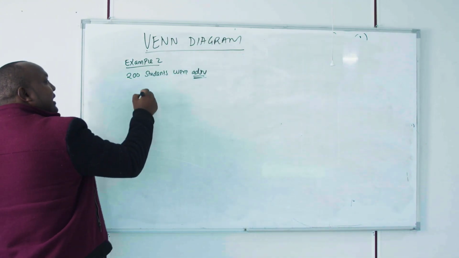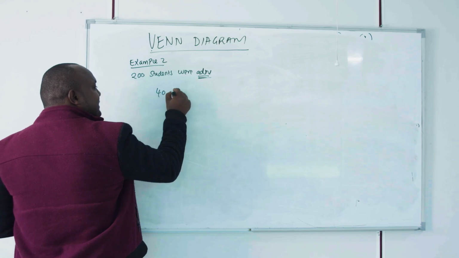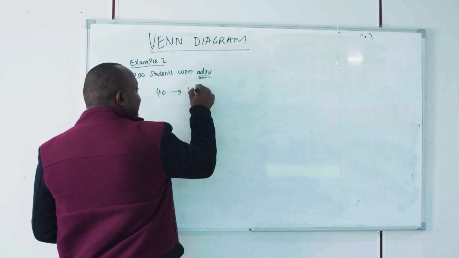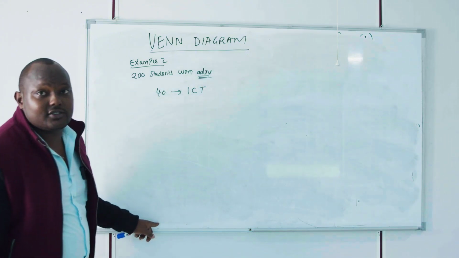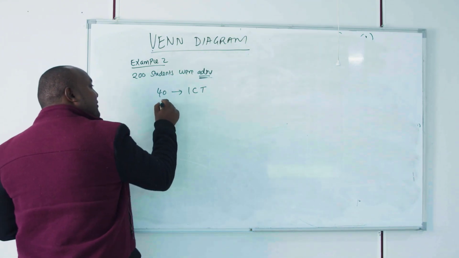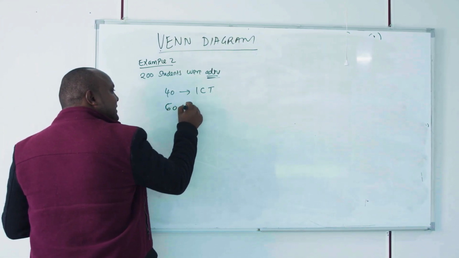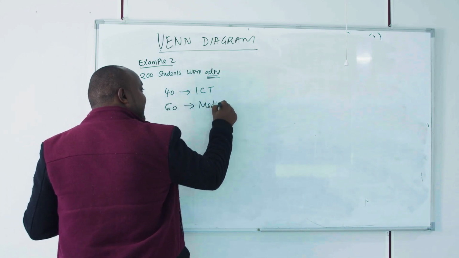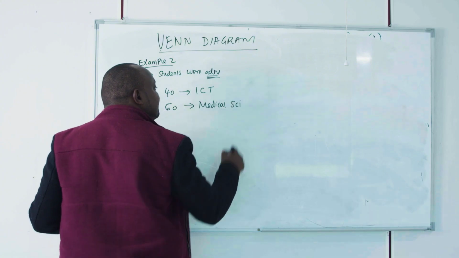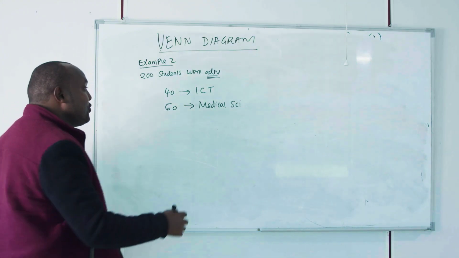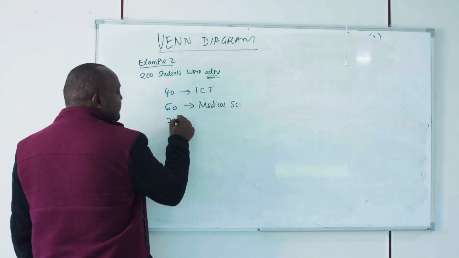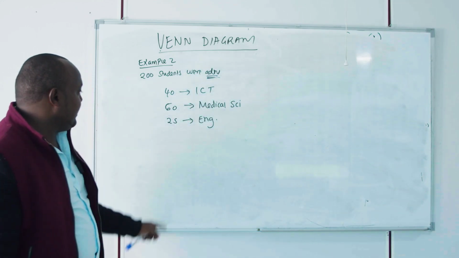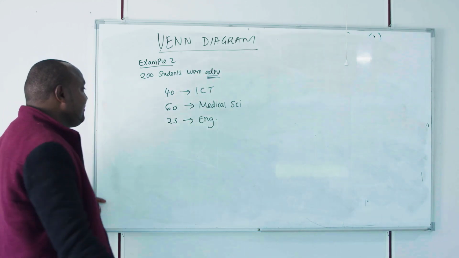You realize that 40 students chose to do ICT. The other 40 chose to do medical sciences. There are those who chose to do engineering.